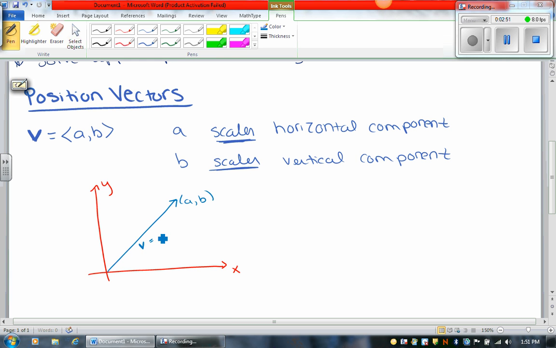Remember, it's going from the origin. And of course, this being the distance along the x, and this being the distance up the y. Oops, sorry, this should be here and here. My apologies.